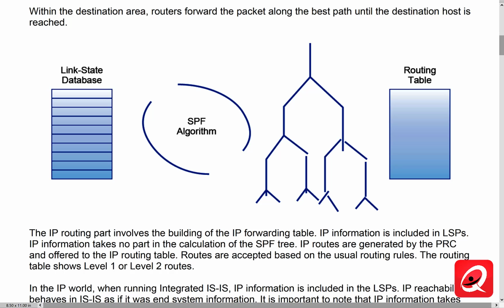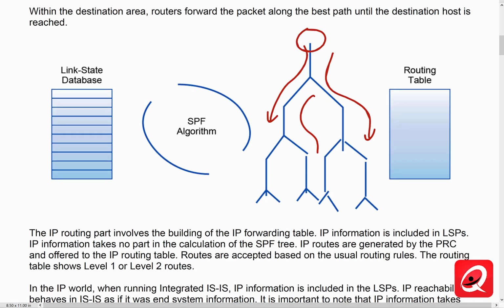We use our shortest path first algorithm to calculate the shortest path to the destination. The tree is a little disjointed there, and looks like a bunch of broken branches here, but I'm going to place myself at the root of that tree, and then I'm going to start to calculate the shortest path to each destination. And then the best paths are going to end up going into my global routing information base. And that's essentially how the routing process works.